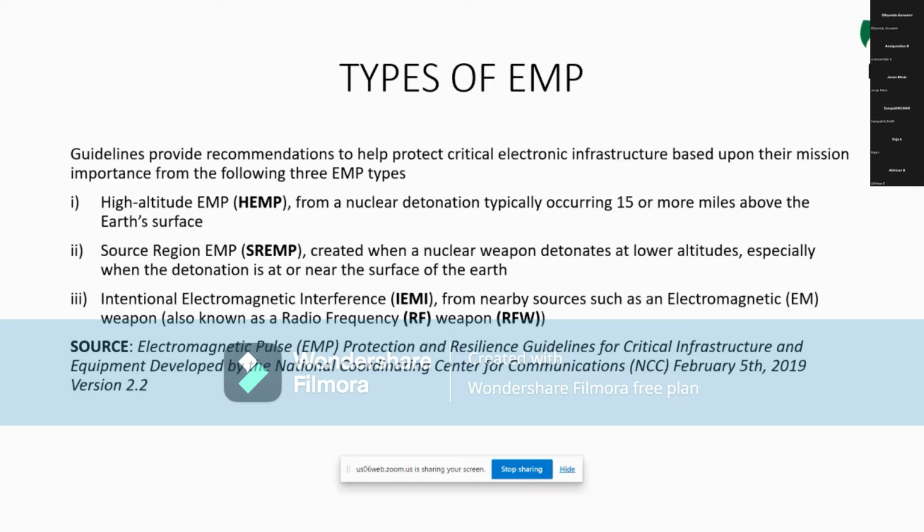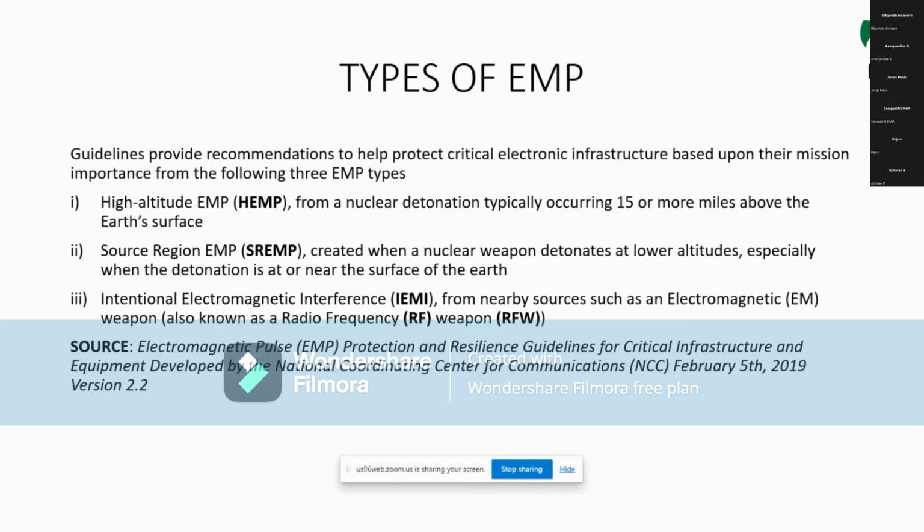Suppose a similar accident happens above the surface or at the surface, then surface electromagnetic pulse is generated, which is also called source region EMP, that is SREMP. Similarly, today in an uncertain world of terrorism and competition, intentional electromagnetic pulse can be directed towards a victim.